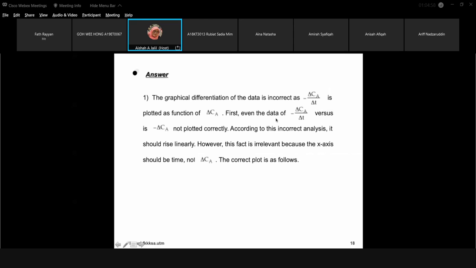First, even the data of CA versus t is not plotted correctly. The x-axis must be time, not dCA.